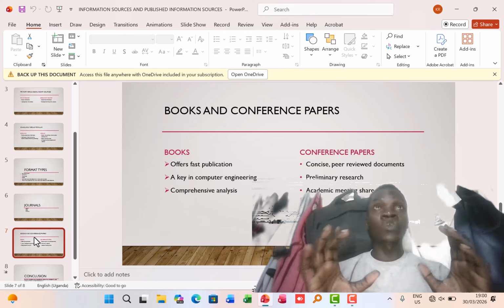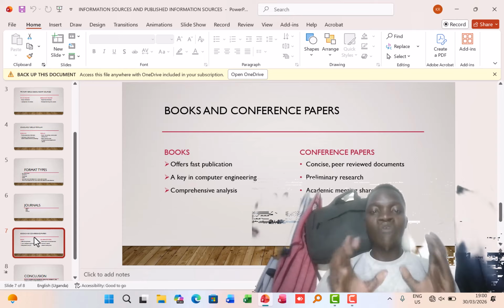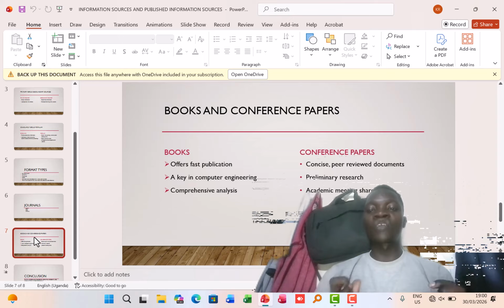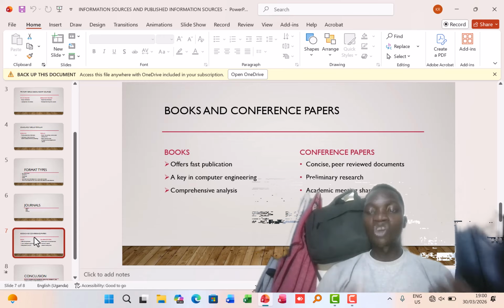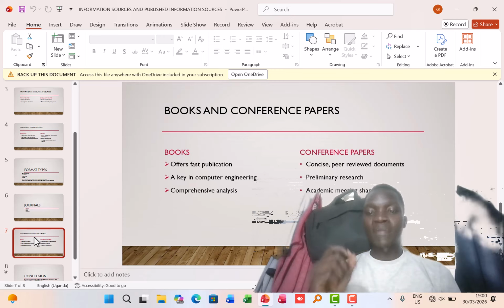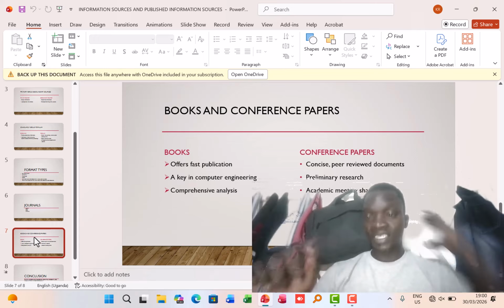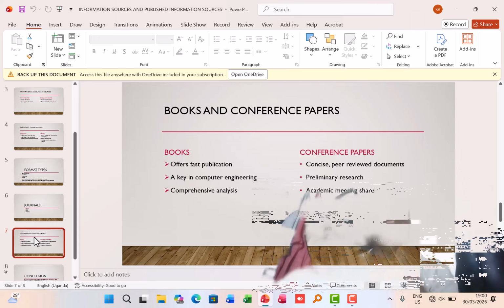Books offer first-hand information, or first publications, whereas conferences give us concise, peer-reviewed documents. Conferences offer preliminary research, while books give comprehensive analysis, and academic meetings are shared in conferences.